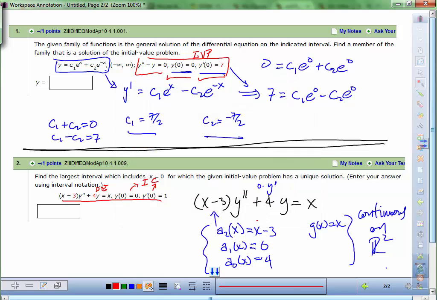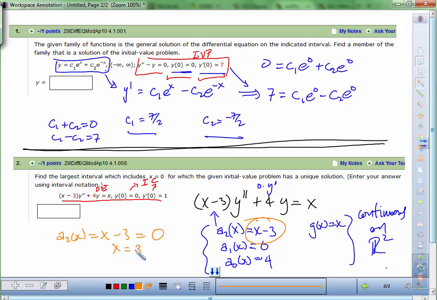The second condition is that the leading coefficient function, a sub n, or in this case a sub 2 of x, has to also not be equal to 0, or anything that would make it equal to 0 would go away. So let's consider when this is equal to 0.